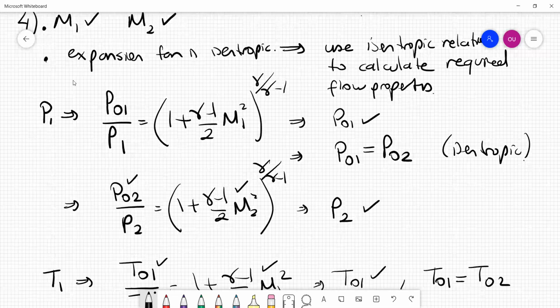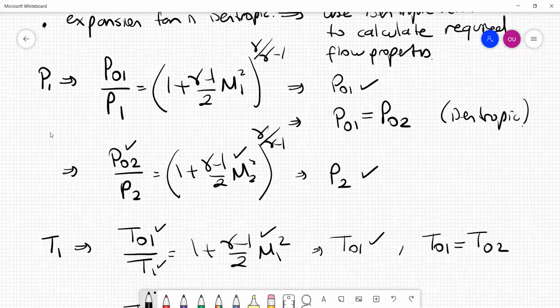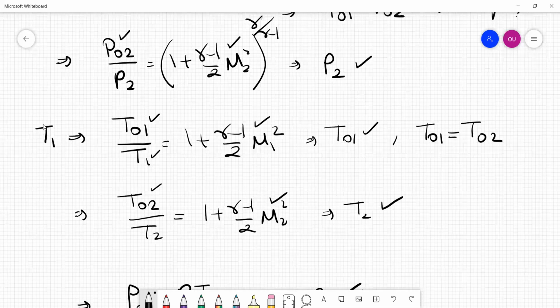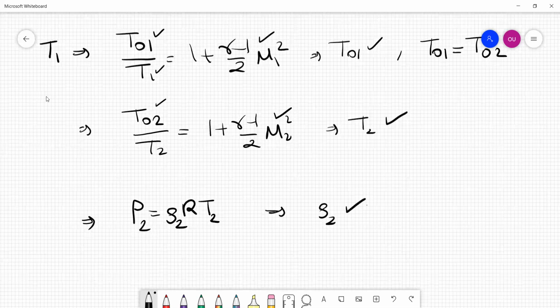But now, here in the expansion fan, we start with the known Mach number condition upstream and downstream. Unlike shock waves, this is an isentropic process, so we could very easily relate the conditions to each other and make use of the isentropic relations as we have just used here, and calculate the properties after the expansion fan.